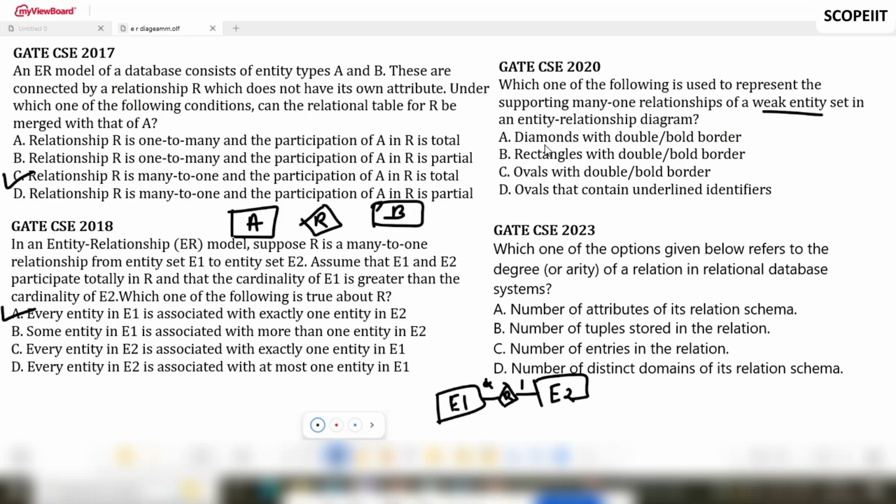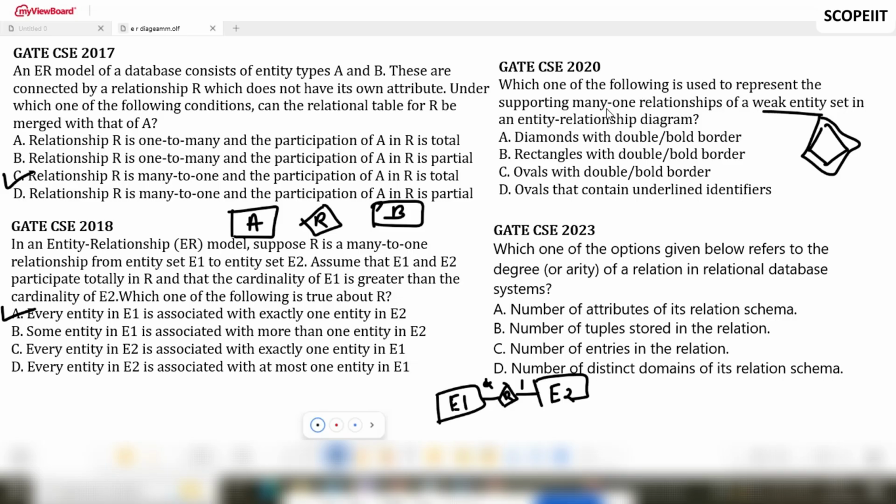The options are: double diamond with double and bold border; second, rectangle with double, so double rectangle; then oval with double; and oval that contains underlined identifiers. If you just read the question properly, which one of the following is used to represent the supporting many to one relationship of a weak entity?